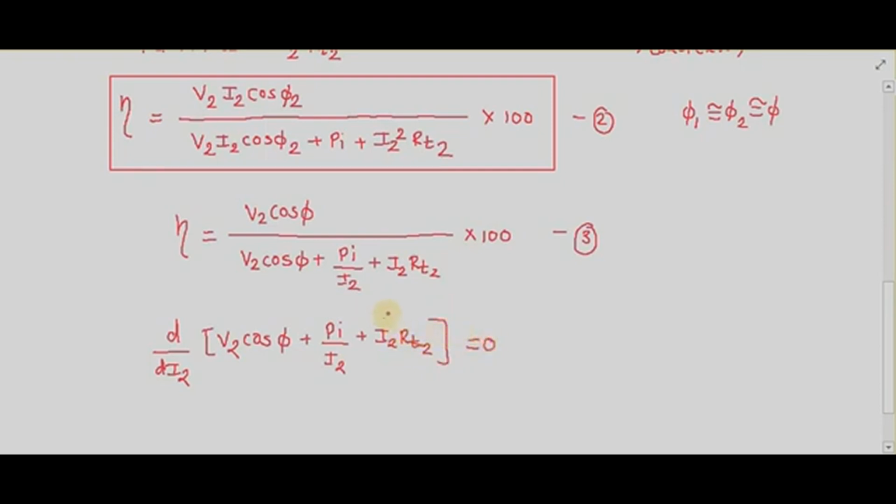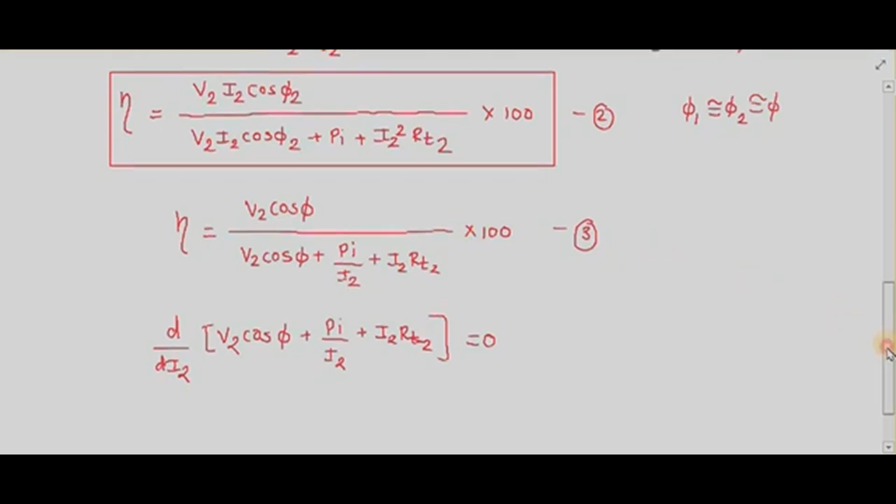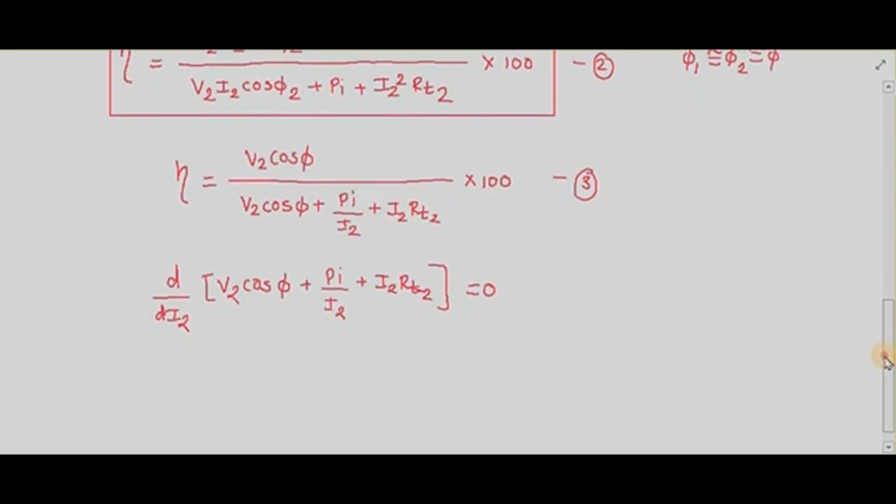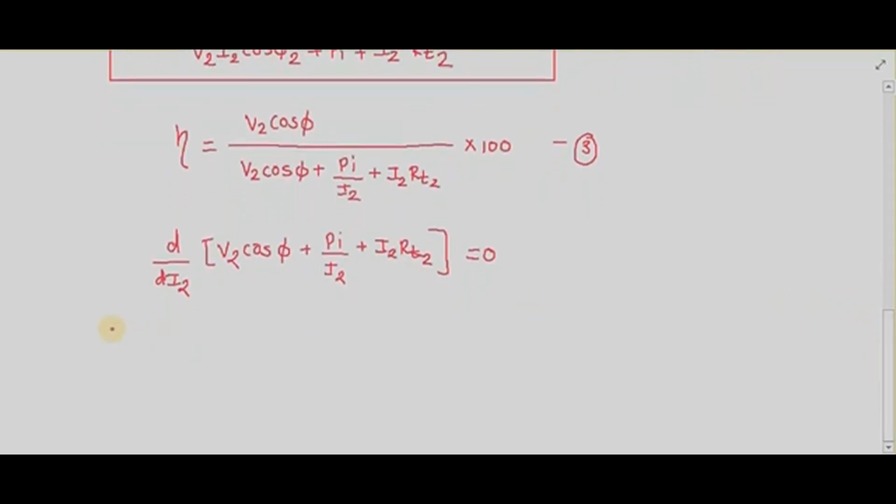If the secondary terminal voltage I will assume to be constant, then for given load power factor cos of phi, the efficiency is maximum when the denominator of equation number 3 is minimum. And when will this happen? When I take the derivative of this denominator with respect to I2 and equate it to 0.